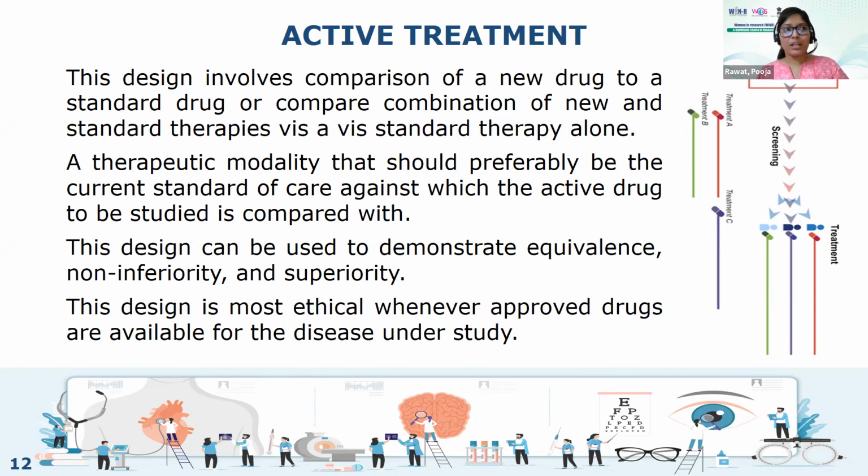Generic drugs usually go with this kind of study design, right? So equivalence, non-inferiority, and superiority you can evaluate through this. This design is most effective and ethical, however, approved drugs must be available for the disease under study. Okay.